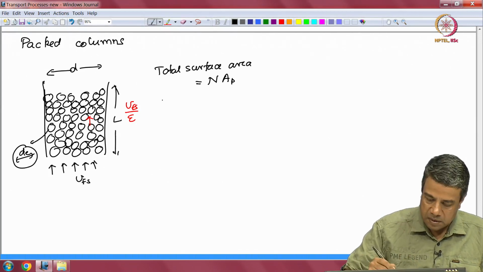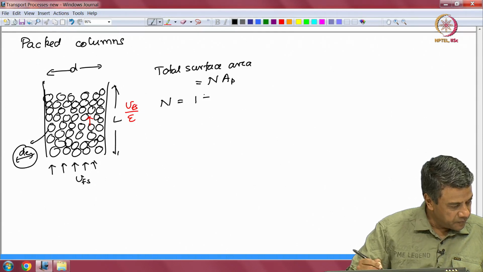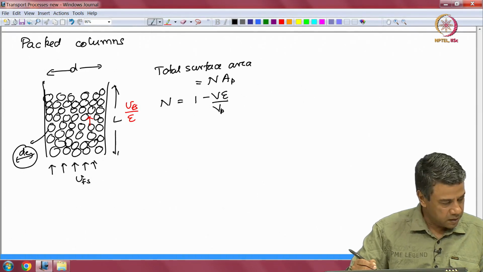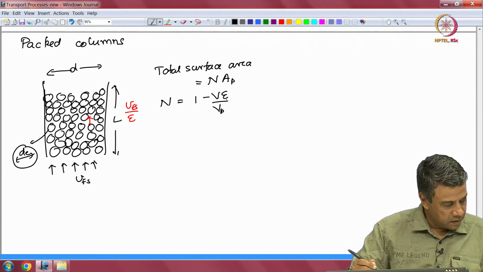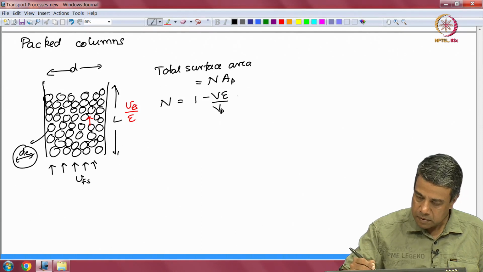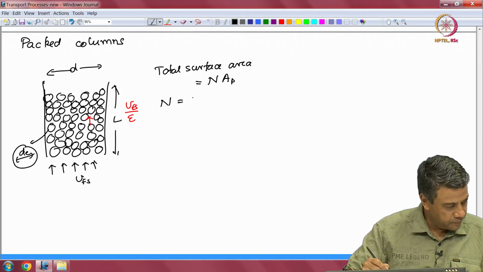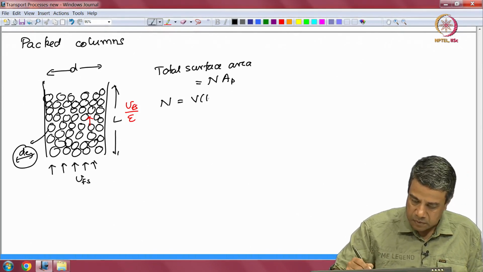The number of particles was equal to V into 1 minus epsilon by Vp.